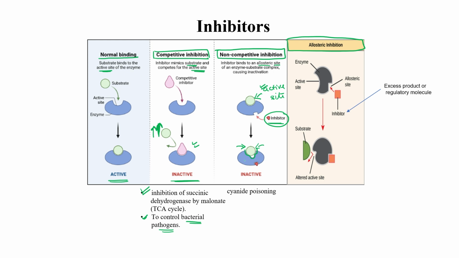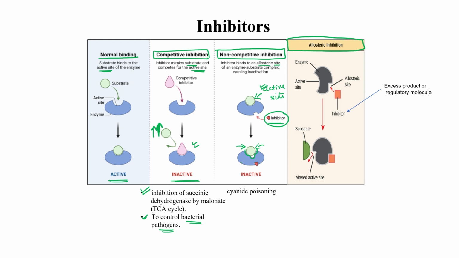And that's why we have discussed the induced fit theory. When the substrate comes towards the enzyme, at that time only it induces a shape change in the active site of the enzyme, right?